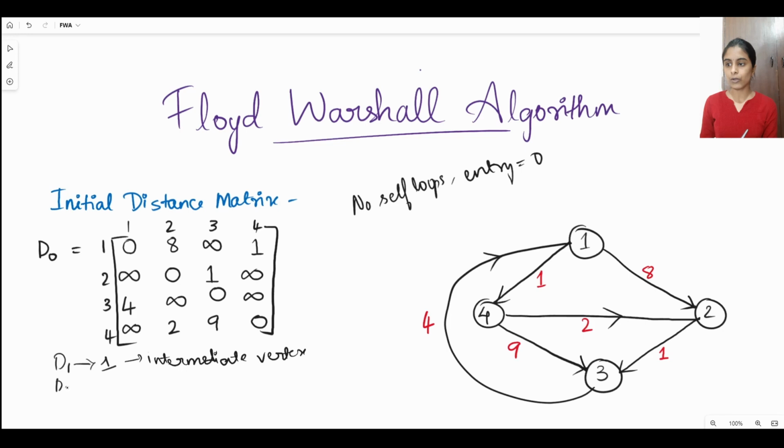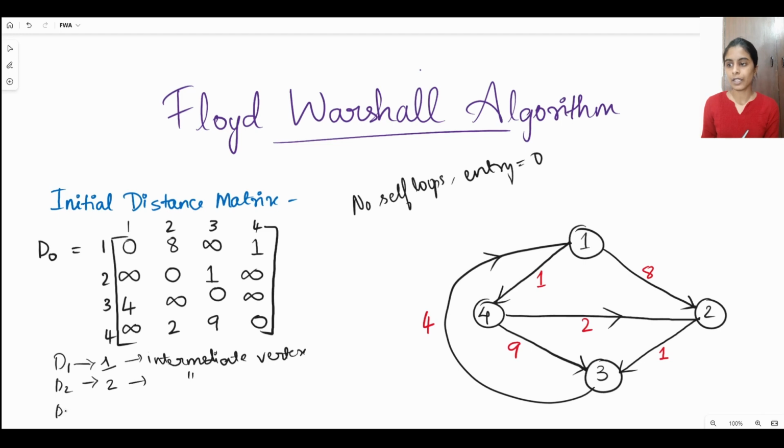Similarly, if I say D2, that means vertex 2 is my intermediate vertex, which means the same again. That is, we are looking for the distance between every pair of vertices, and also the distance through the vertex 2 between every pair.